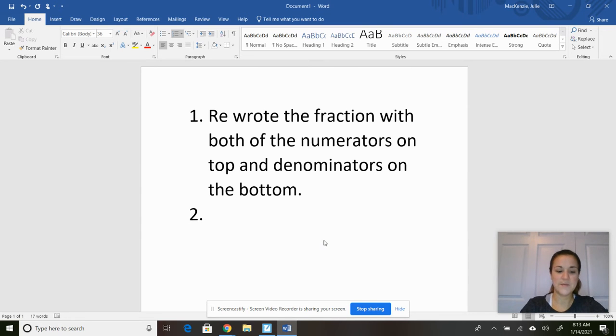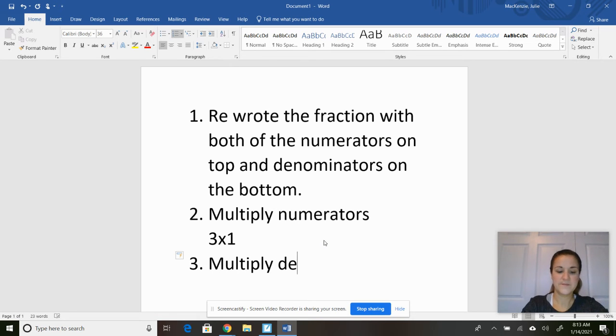The second step was to multiply numerators. The numerators we multiplied were 3 times 1. Step 3 was to multiply denominators. Our denominators were 7 and 2.